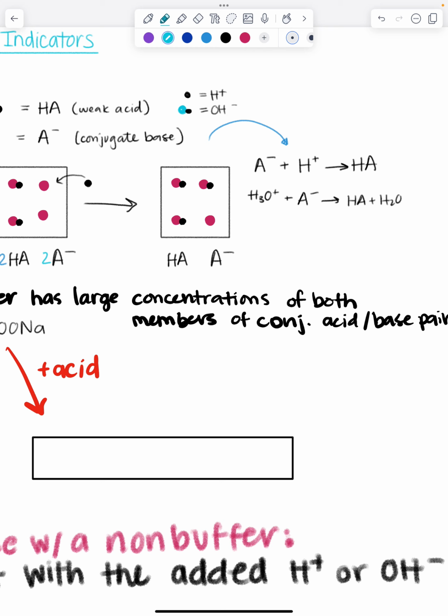Now I'm going to have 4 weak acid molecules to my 0 conjugate base. So at that point, when I add H plus, there's not going to be any A minus for the H plus to react with, so my pH is going to change dramatically. So there's a point at which the solution can no longer resist change in pH, and then you'll see that drastic change. But for right now, it's still showing 3-to-1.